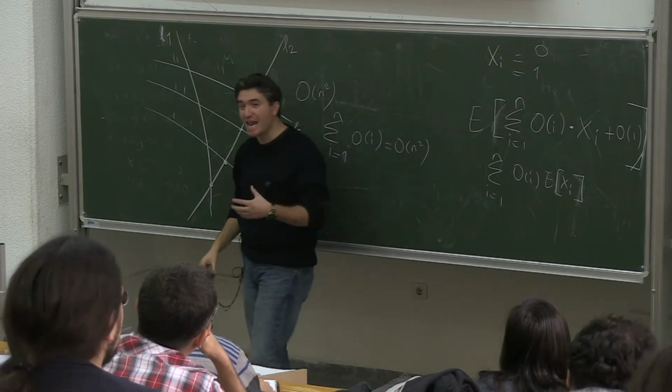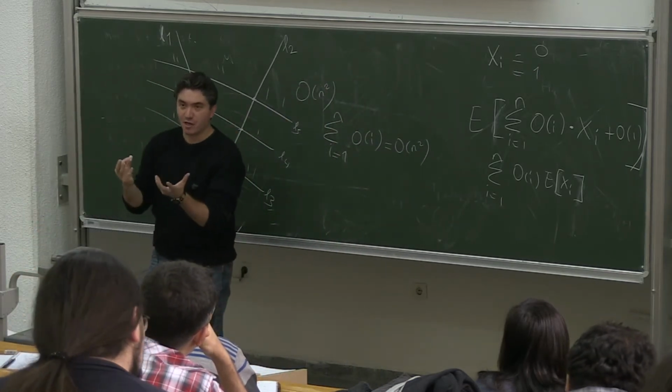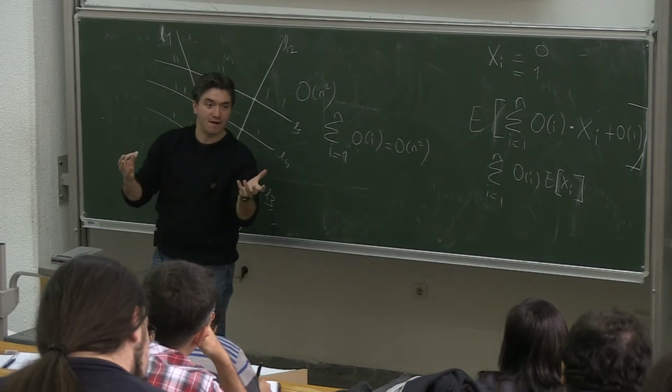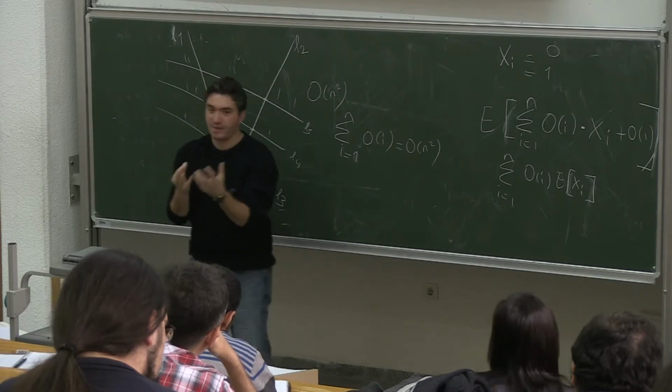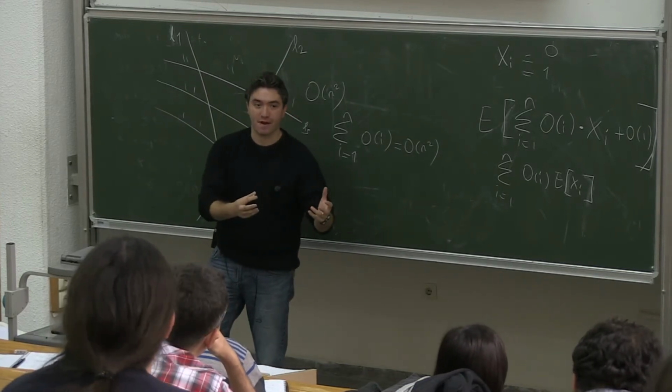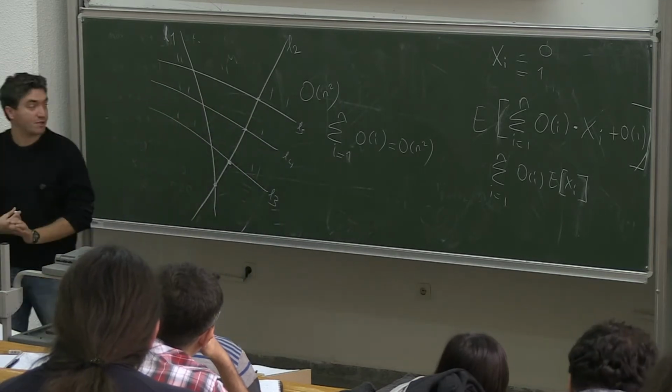The linearity of expectation means that the expected value of a sum of random variables is equal to the sum of the expected values of the individual random variables. This is the linearity of expectation in probability theory.